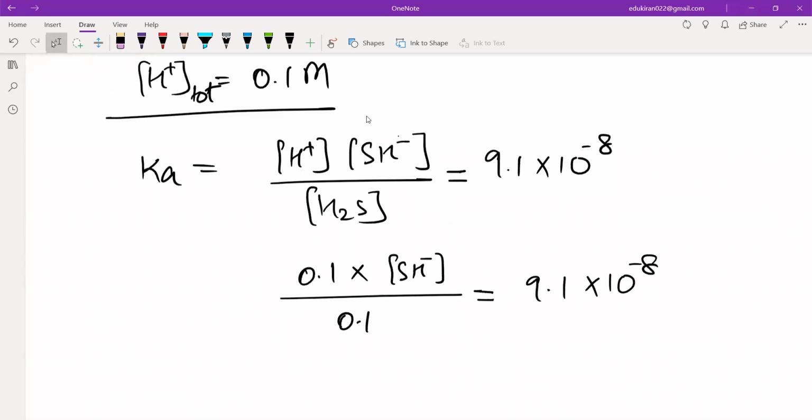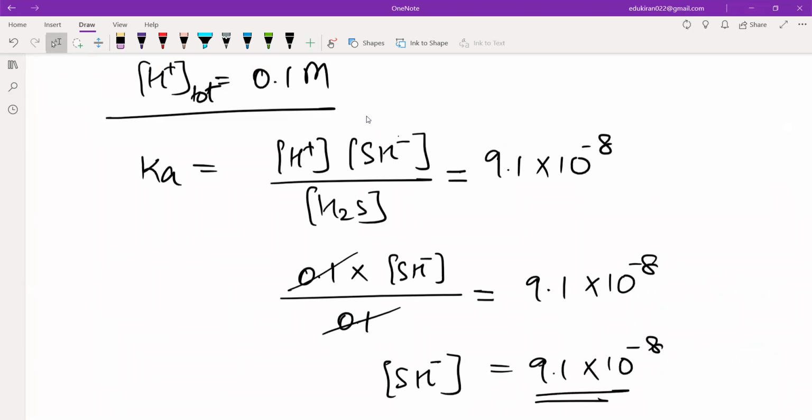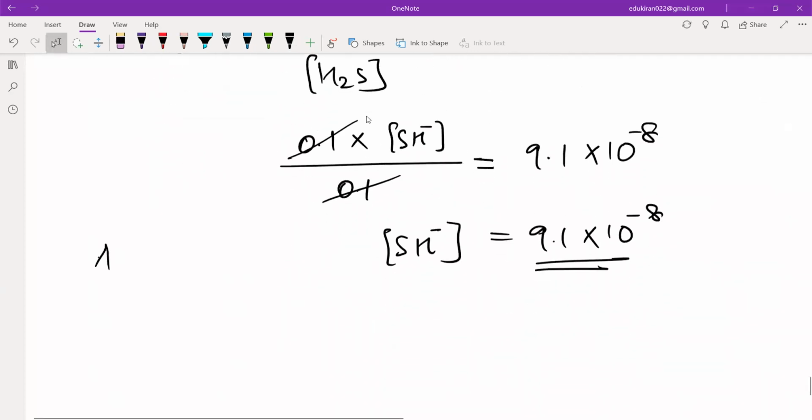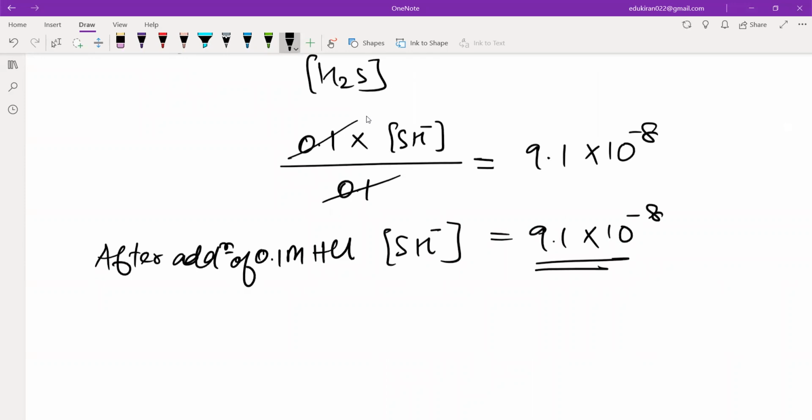So you can see the concentration of SH negative is 0.1, and 0.1 can get cancelled, and this will be equal to 9.1 into 10 to the power minus 8. This is the concentration of SH negative after addition of 0.1 molar HCl.